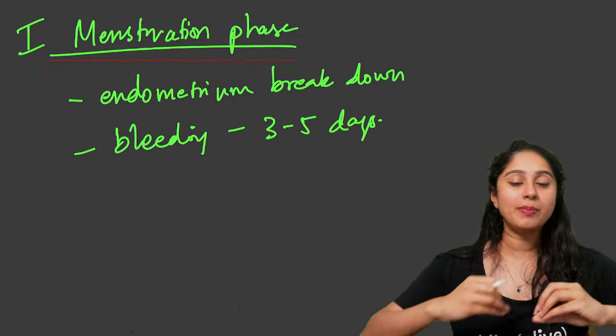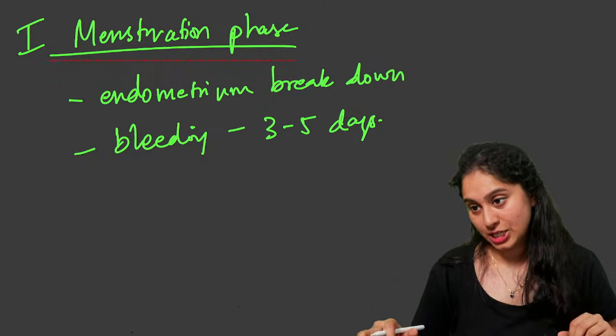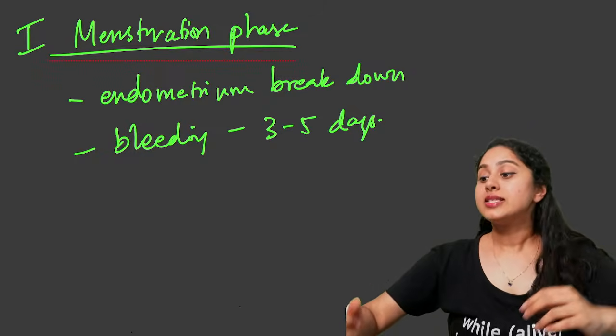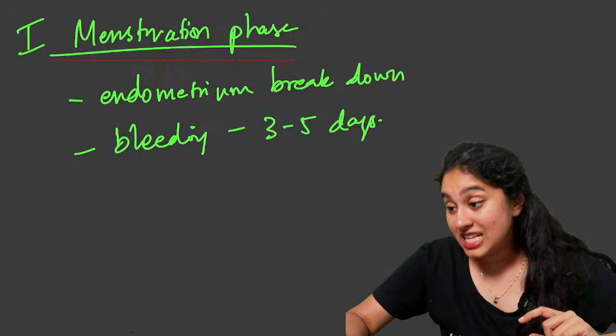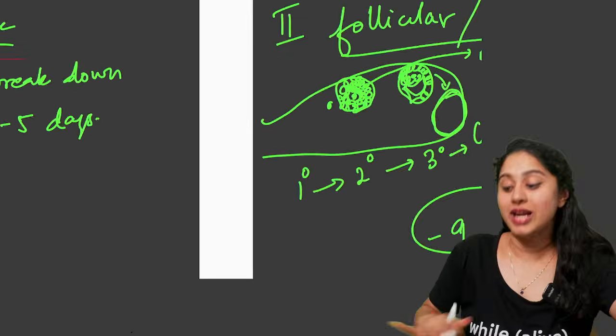Whatever I had developed, everything is gone in the absence of fertilization. Is that clear to all of you? Yes, good question, Tarun. That is if pregnancy does not happen.